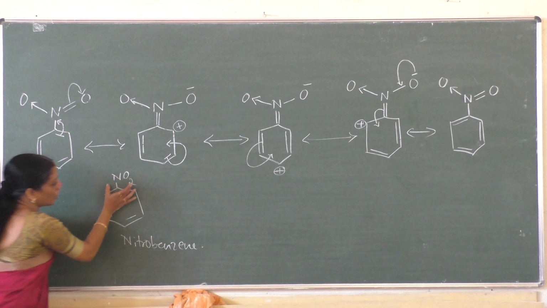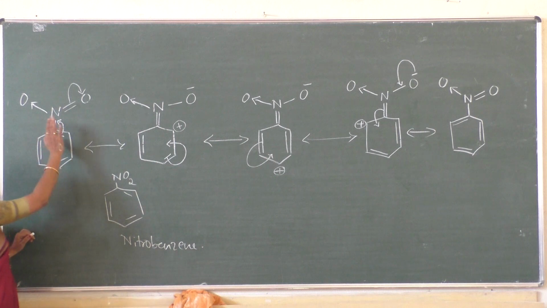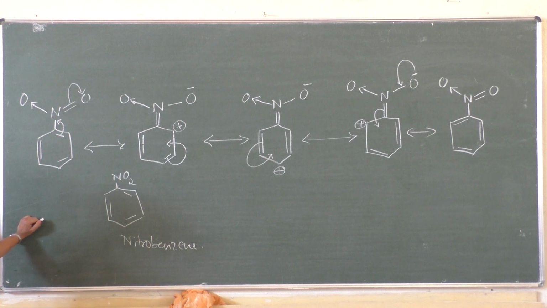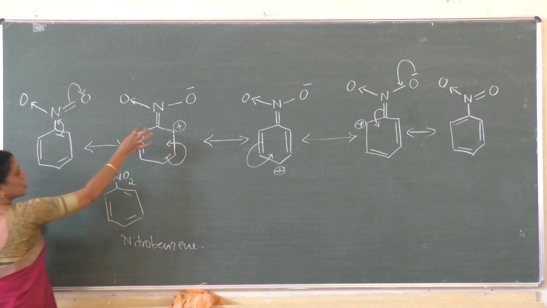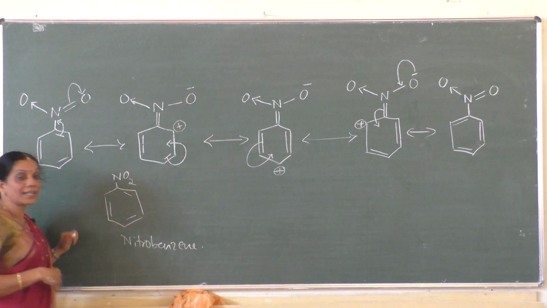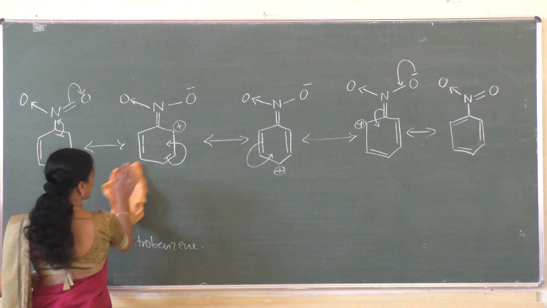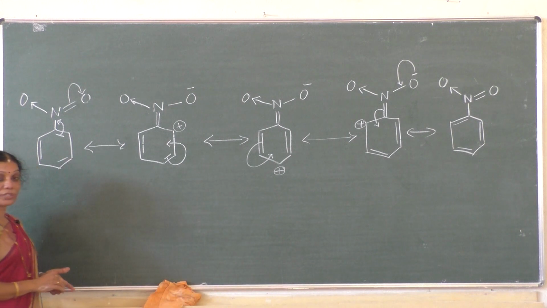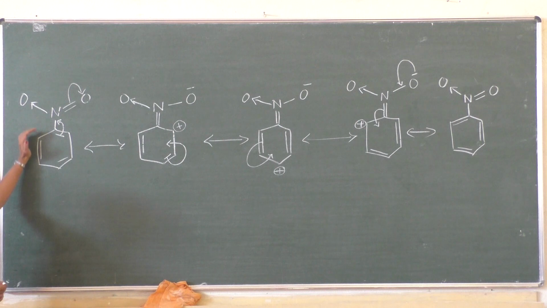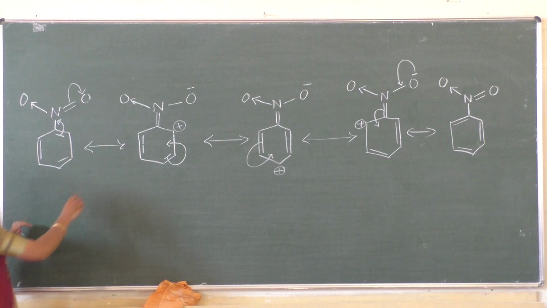Here also, if you consider the nitro group, because of this electronic effect, displacement of electrons, positive as well as negative ends are created here. And you can see the various resonance structures I have written in the case of the resonance effect in nitrobenzene.